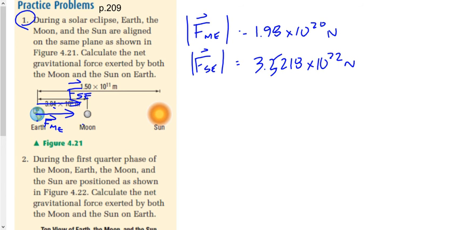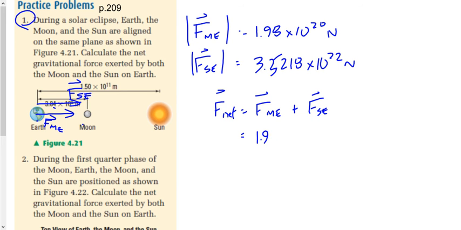All right, now we say F net is equal to the sum of the forces, like we've done a million times over the last couple months. The net force is equal to force ME plus force SE. ME is negative 1.98. No, sorry, it isn't, is it? They're both positive, aren't they? In the example we did yesterday, one of them was negative, right? Because one of them was to the left. But they're both positive this time.